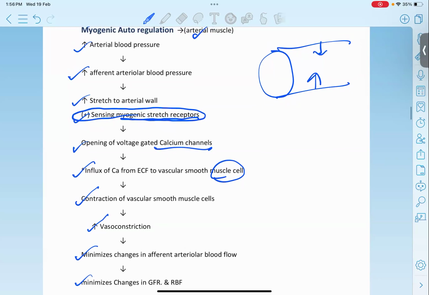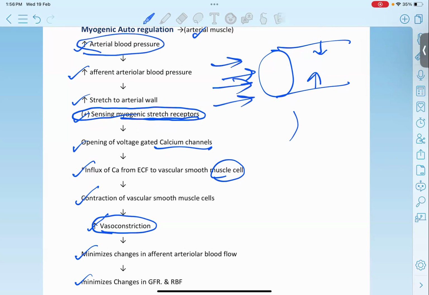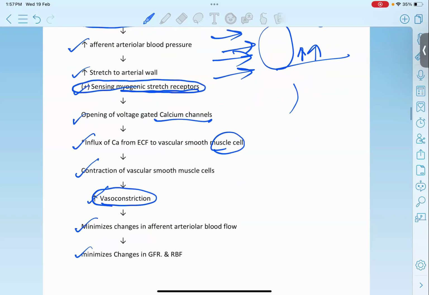So that means if, for some reason, arterial blood pressure has increased, that is going to cause arteriolar vasoconstriction so that it will maintain the optimum blood flow. Blood pressure increase means a lot of pressure, but then it will contract the arteriole, and ultimately that would minimize the change in GFR and renal blood flow.